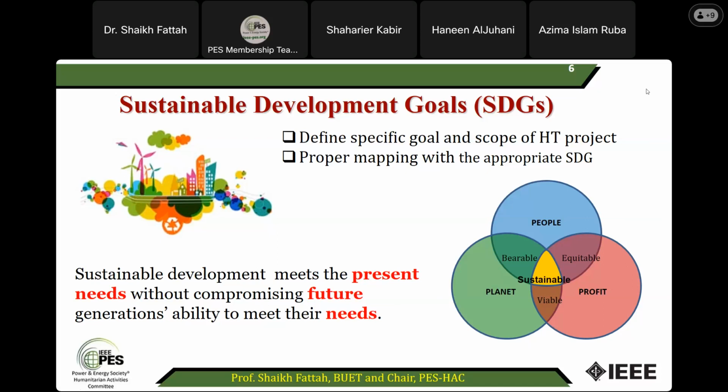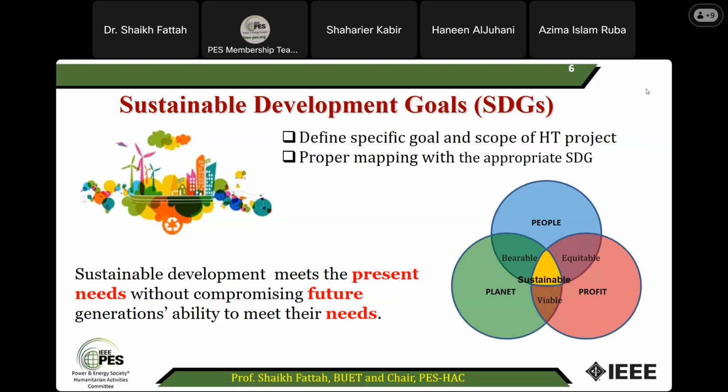So what is sustainable development? What do you mean by that? The important thing, as I said earlier, is that sustainable development means meeting the present needs without compromising future generations' ability to meet their needs. To you, your need is generally very important.